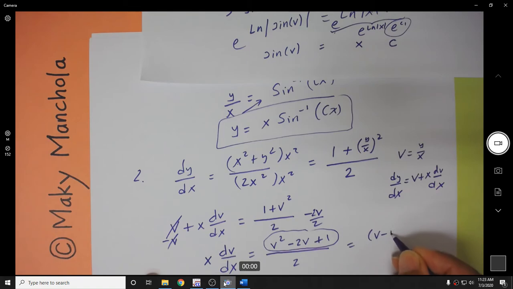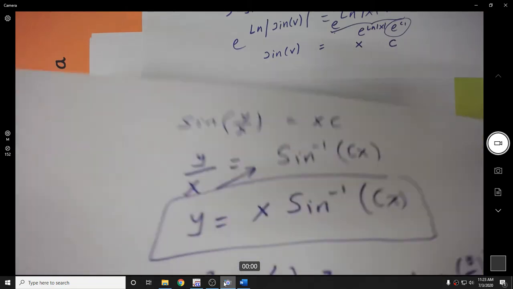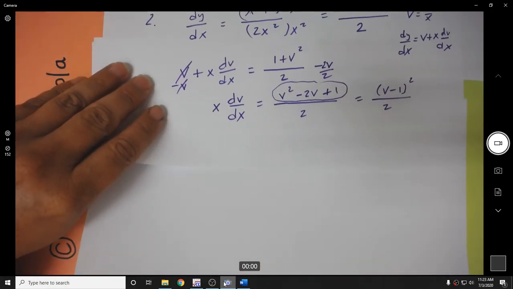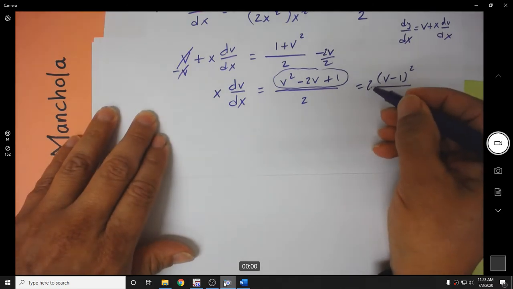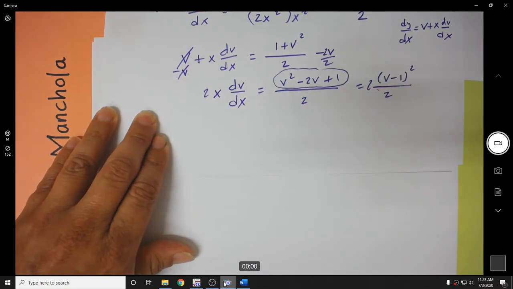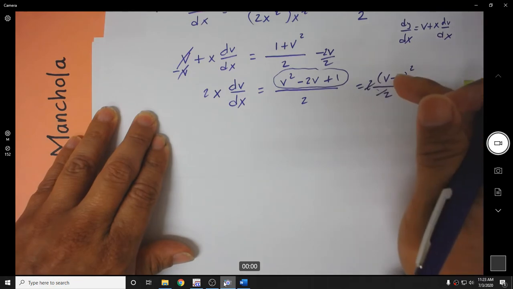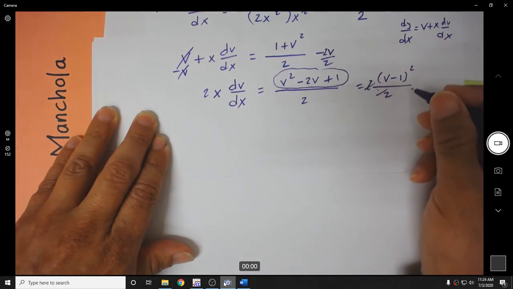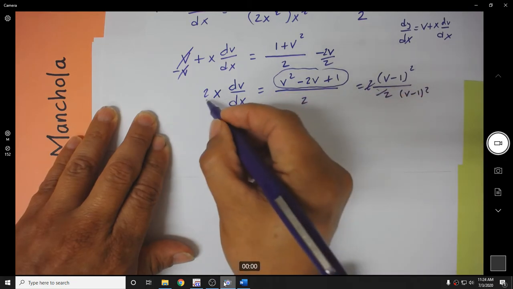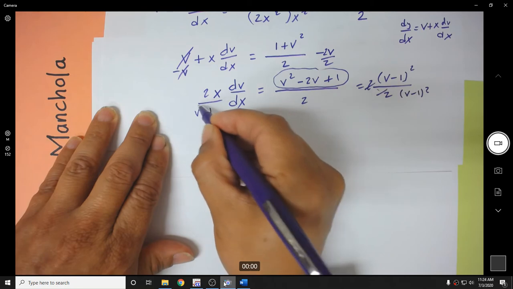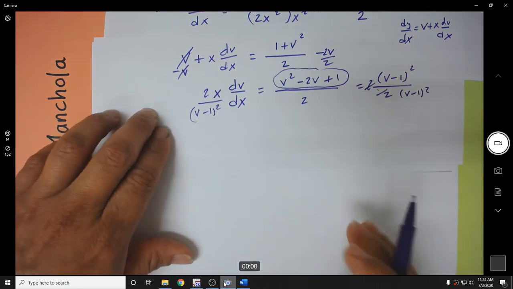That makes the problem manageable. Now our separation of variables is next. Let's multiply both sides by 2 to get rid of this half. Let's also divide both sides by (v minus 1) squared. So what do we get?